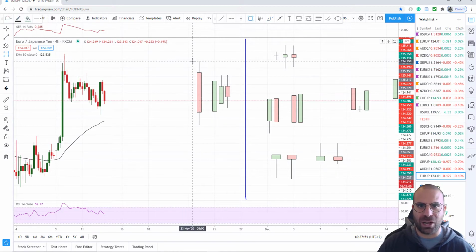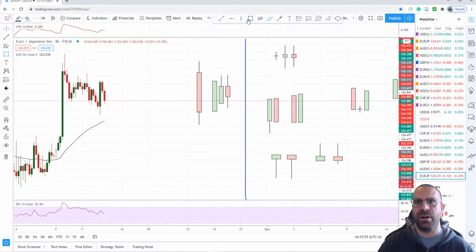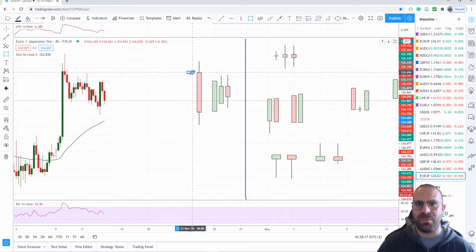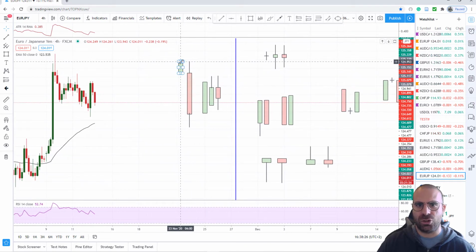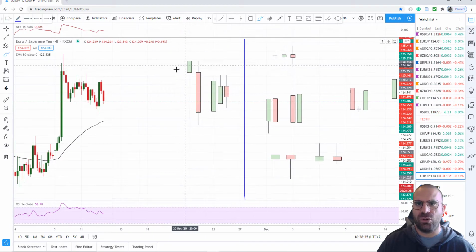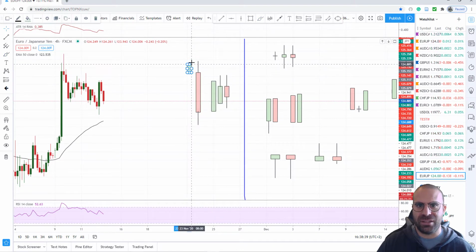But first of all, how did this whole thing happen? This wick, as we call it over here. This candle started as a bullish candle and it went from this bottom to this top. So at some point in time, this wick over here was this candle, as you see, this bullish candle. So what happened? This candle started from down here and it pushed over here, and then the sellers started pushing the price downwards.